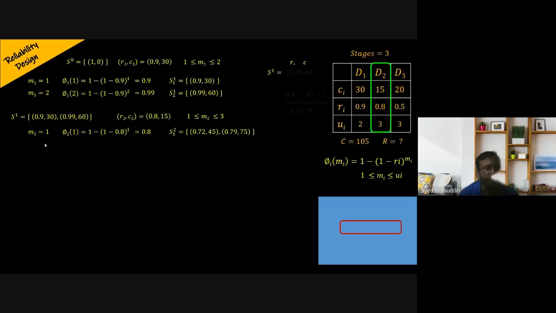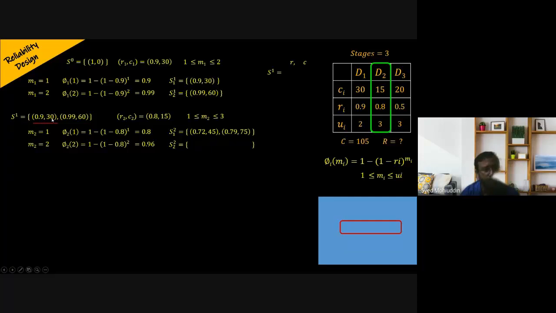Then we will consider 2 devices of D2 in the second stage. We will compute phi 2 of 2, which will be 1 minus (1 minus 0.8) to the power 2, because M2 is 2, which gives us 0.96, and we will be computing set S22.